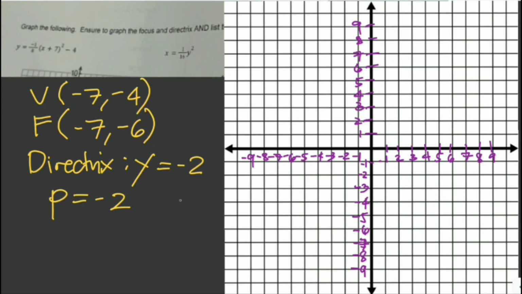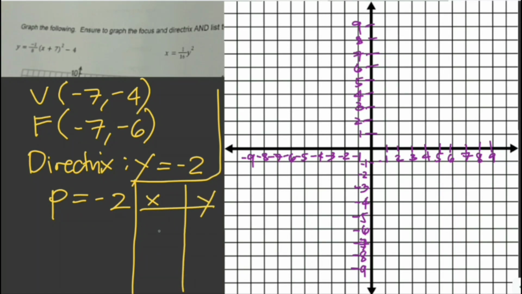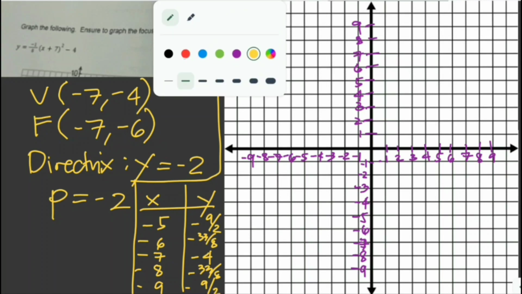Now we can assign values for x to solve for y. So let's say our x values are negative 5, negative 6, negative 7, negative 8, negative 9. Then our y would be negative 9 over 2, negative 33 over 8, negative 4, negative 33 over 8, and negative 9 over 2. And now we can plot all of the points.